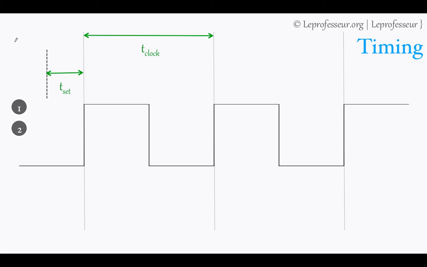If your D input is changing in this window, then your system will not work. It will latch the wrong state. So your input should be stable within this window. If it has to change, it should change before the setup window, which is nothing but some time before the actual rising edge of the clock.